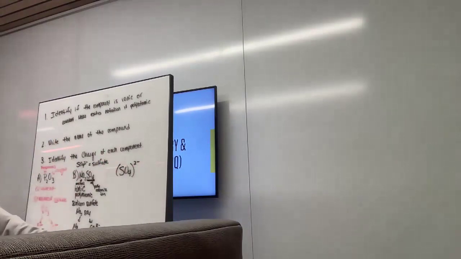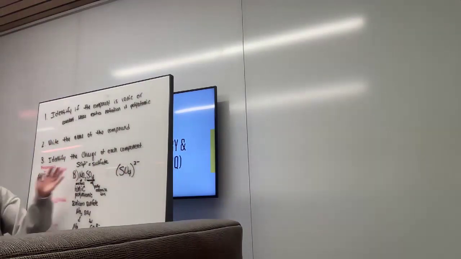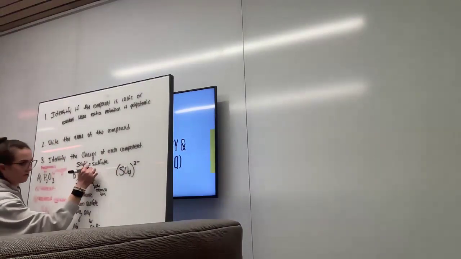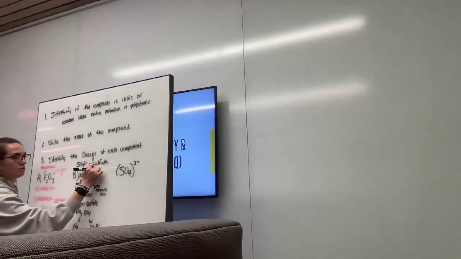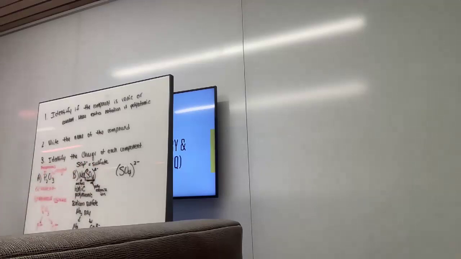So you don't need to multiply anything by 4. You just need to know that this whole unit in your compound is the 2 minus. So then what would sodium be? +1. Yep, so then the sodium would be +1, because there's 2 of the sodiums. Yep.